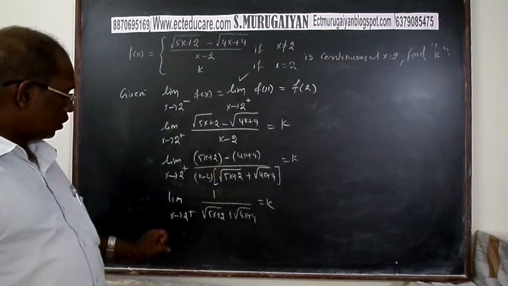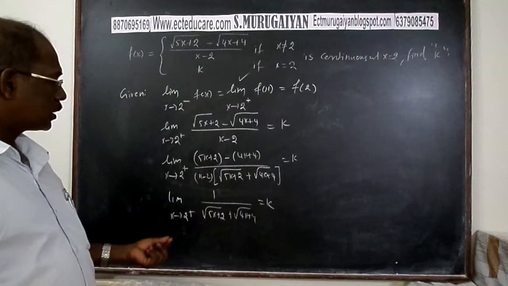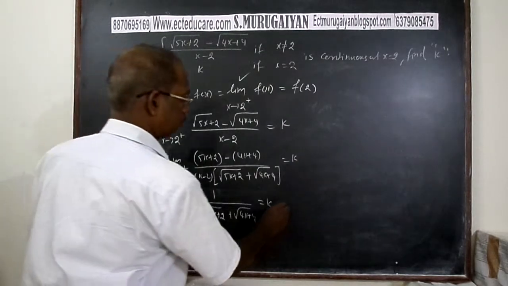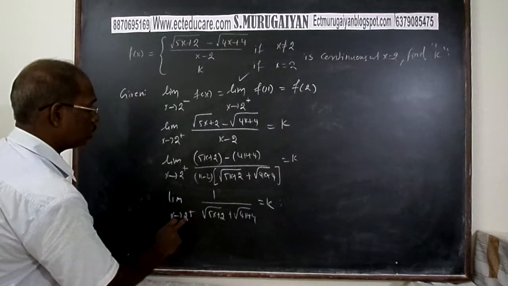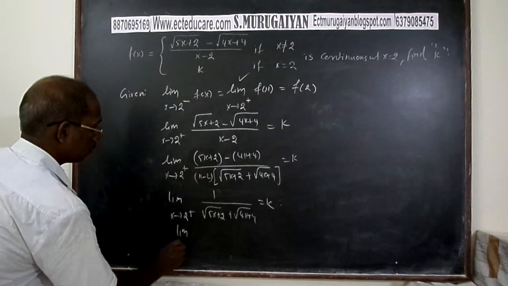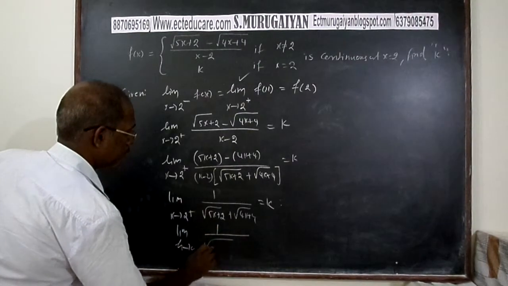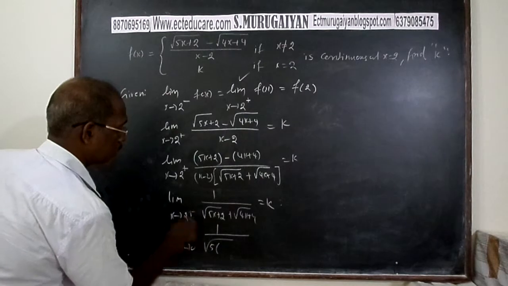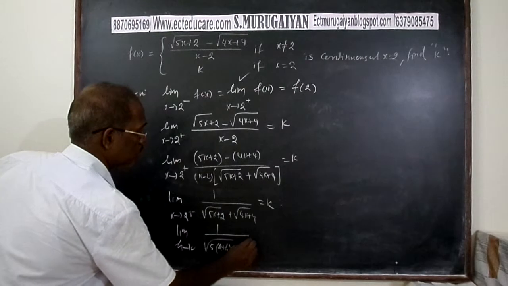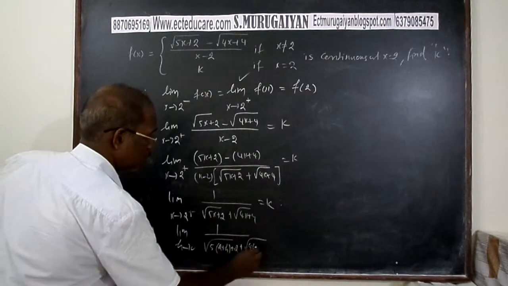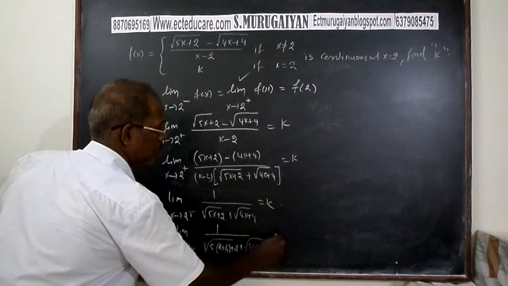So in order to remove the superscript plus on 2, we can introduce a small positive real number h. Then x equals 2 plus h, meaning limit as h approaches 0 of 1 upon root of 5 times (2 plus h) plus 2, plus root of 4 times (2 plus the smallest positive number h) plus 4, is equal to k.